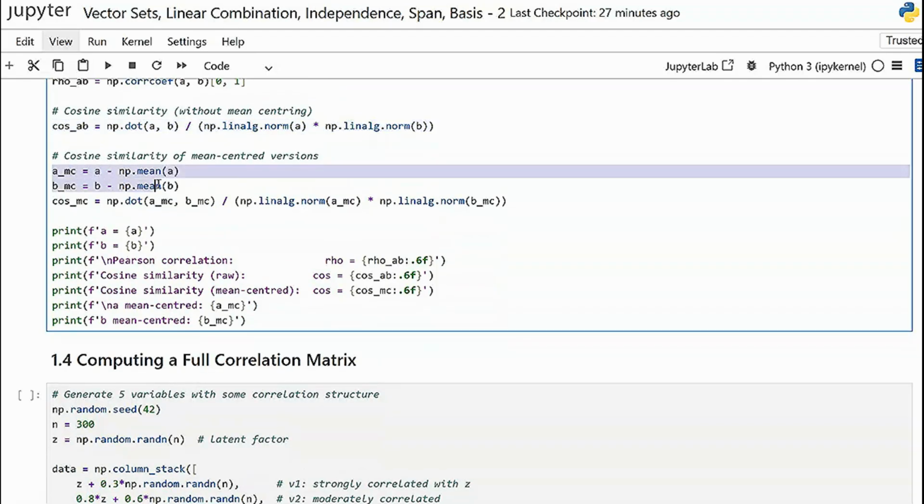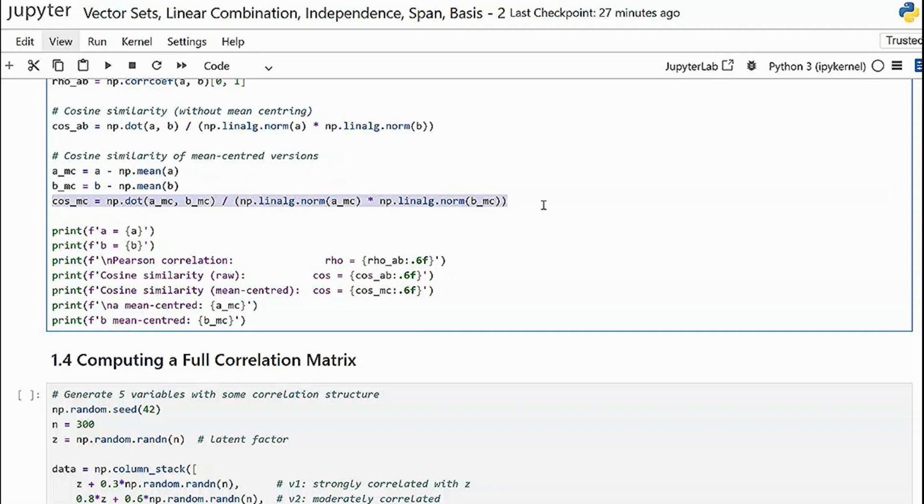And here we have the next one. We now explicitly mean center both vectors, and this step transforms the data so that both vectors are centered around 0. And next, of course, we compute cosine similarity again, but this time using the mean centered vectors.